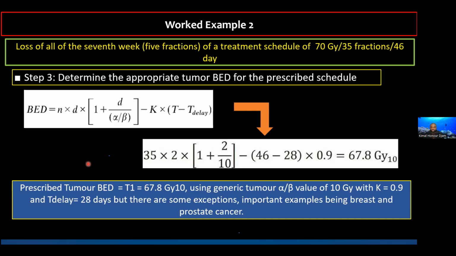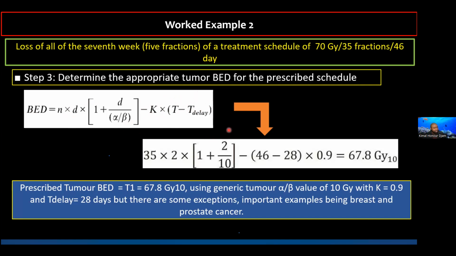And so let's see what is the consequence of adding 7 days to the end of the treatment. To do that, we start by calculating the tumor BED, and we use our famous equation. I'm taking K here to be 0.9. In other words, the tumor is growing at a rate such that the consequence on the daily BED is 0.9 gray per day.